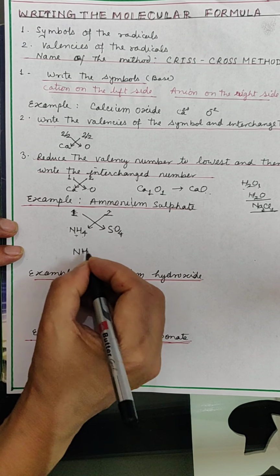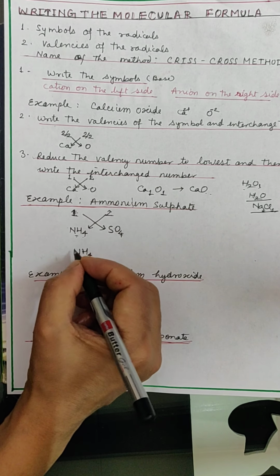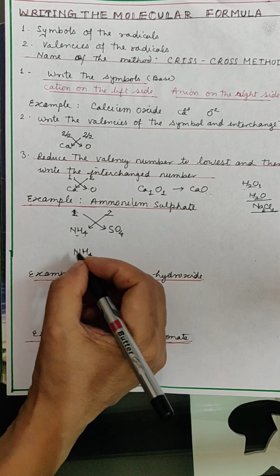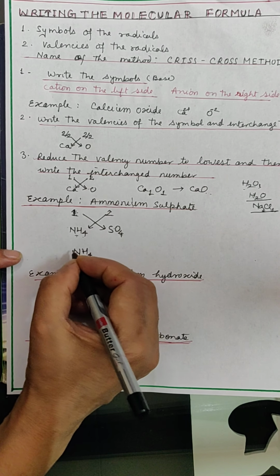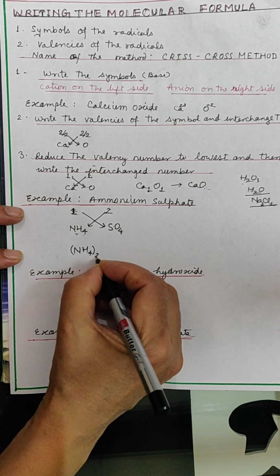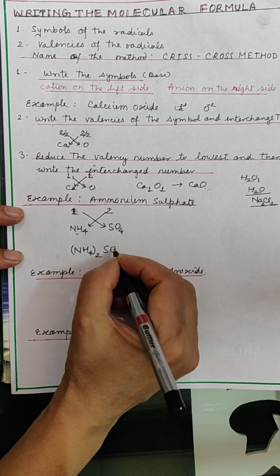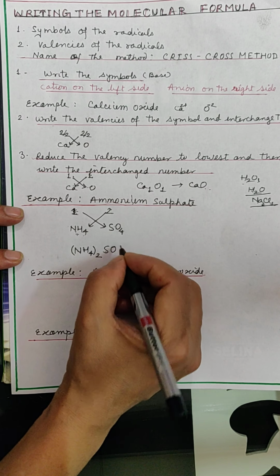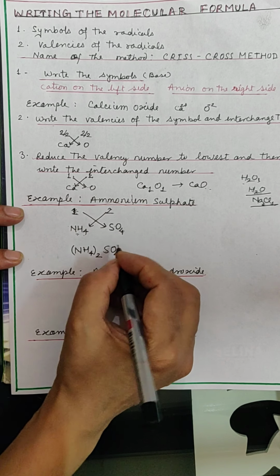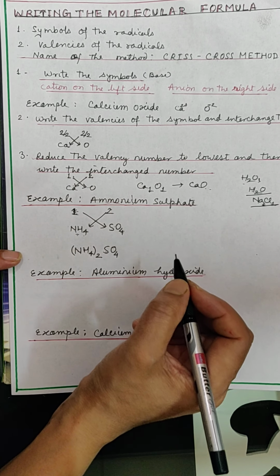After interchanging the valency, the ammonium ion is made up of 5 atoms, and these 5 atoms together work as a single unit. So the valency belongs to the whole unit. That's why we put a bracket and then we write the number 2. Sulfate as well is a polyatomic radical, meaning a radical consisting of many atoms, but we need not write 1, so we can simply leave it.